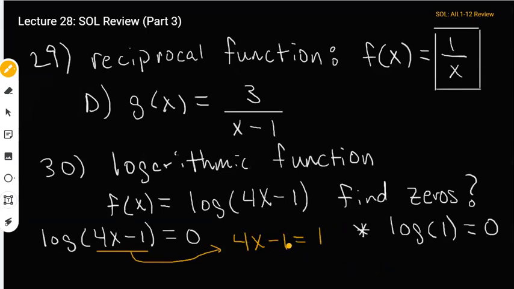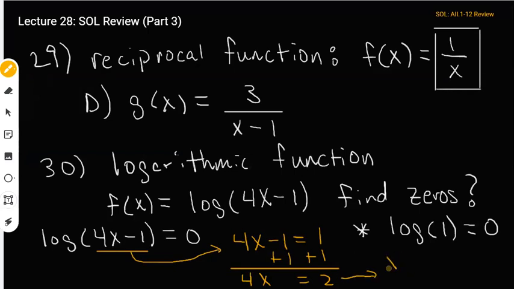So working with this equation right here, I could add 1 to both sides. That way I get 4x is equal to 1 plus 1, which is 2. And then from there, I can divide both sides by 4.